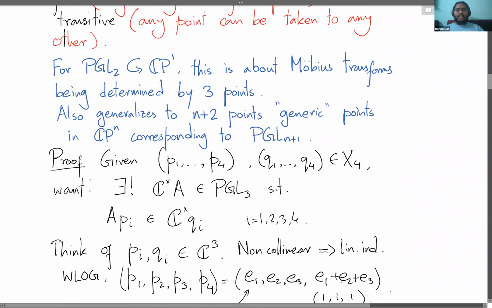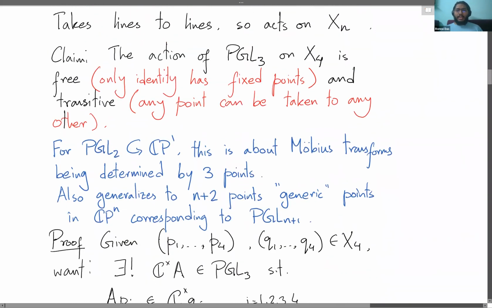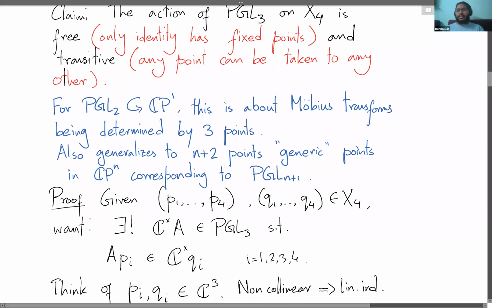Saying that the action does not have fixed points and takes any point to any other point is the same as saying that if you give me 2 points in the space, there's a unique element of the group that takes the first one to the second one. So that's exactly this first characterization: given P1 through P4 and Q1 through Q4, both so that no 3 are on a line, we want to show that there's a unique matrix up to scalar that takes the first tuple of points to the second tuple of points.